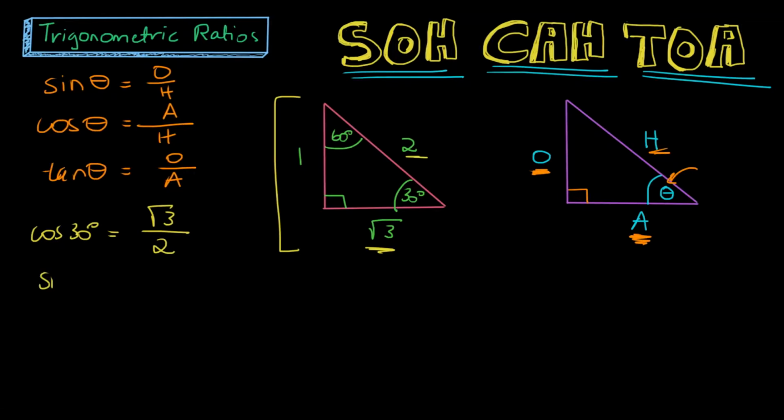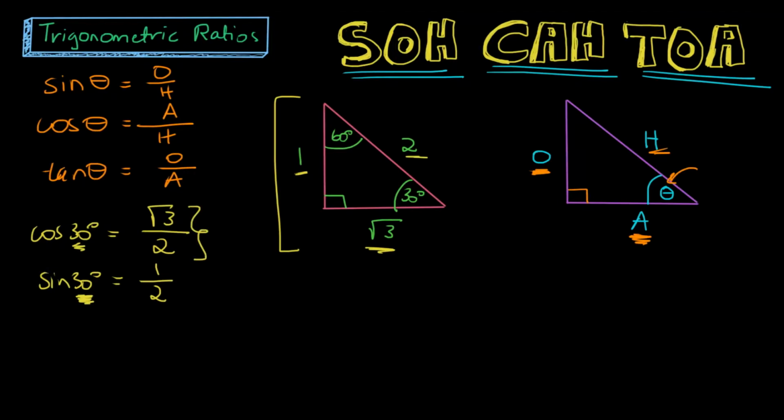Similarly, sine of 30 degrees maps to my opposite over my hypotenuse, so 1 over 2. So you can see sine of an angle and cos of an angle are just mapping to the length of two sides of a triangle.